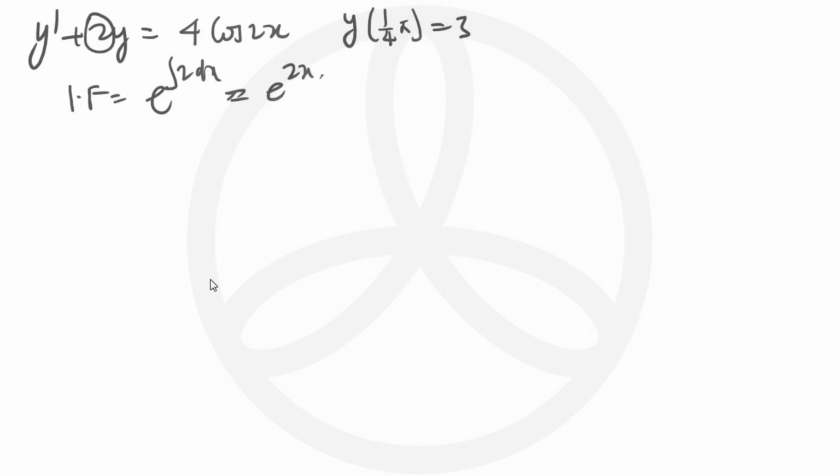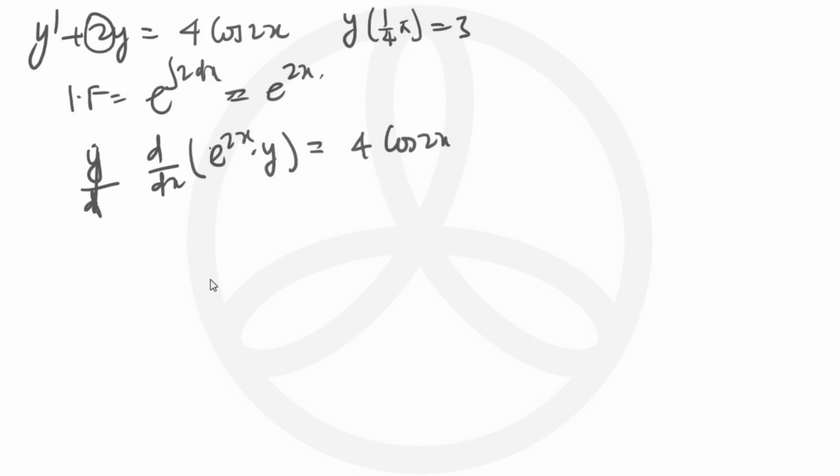So our expression will actually become d by dx of the integrating factor multiplied with y on this side, and this will become 4 cos 2x multiplied by integrating factor e to the power 2x.